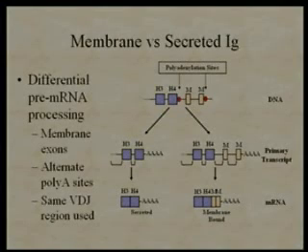Now, all the VDJ is, of course, out here, and all the other heavy chain constant region genes are out there someplace. So we're just looking at the end of the C mu gene. If you look in the intron after the last CH4 exon, there are actually two additional coding sequences that are referred to as the M coding sequences.